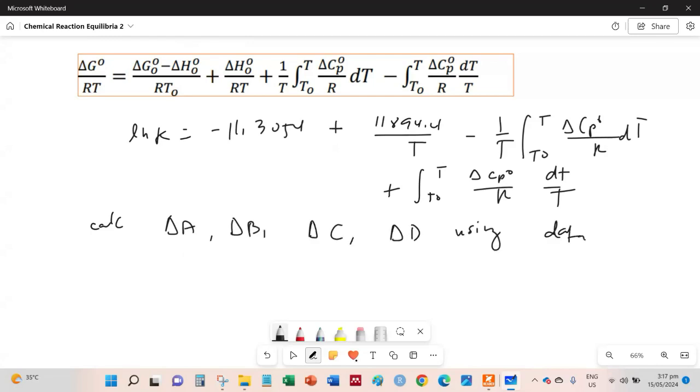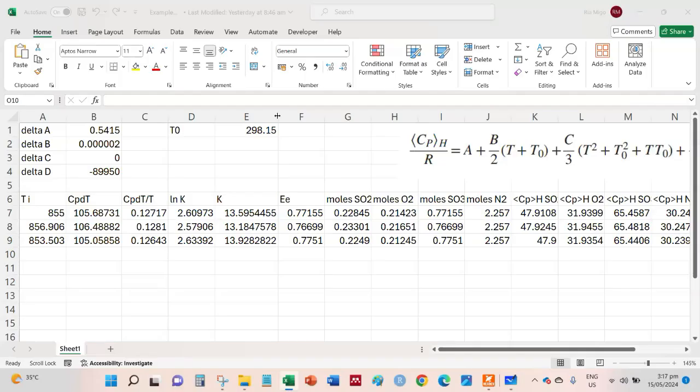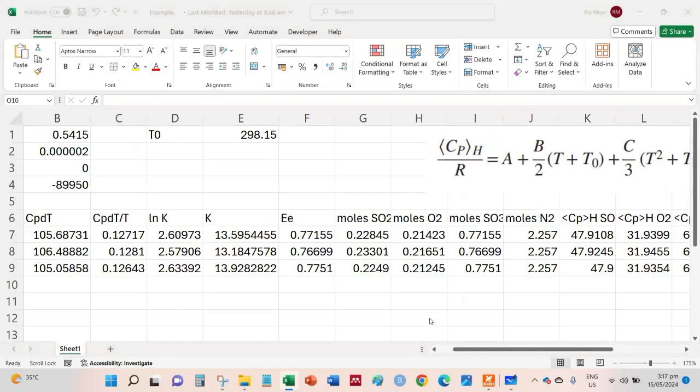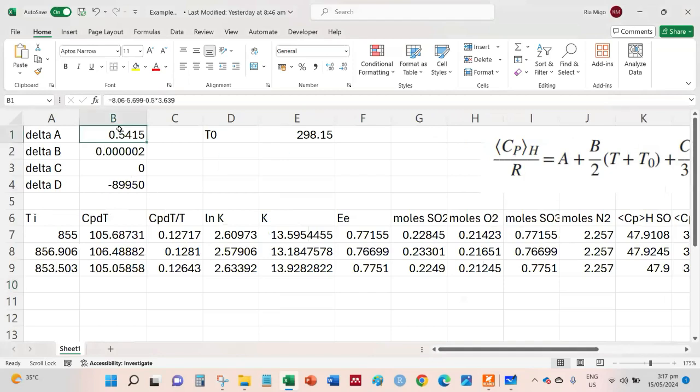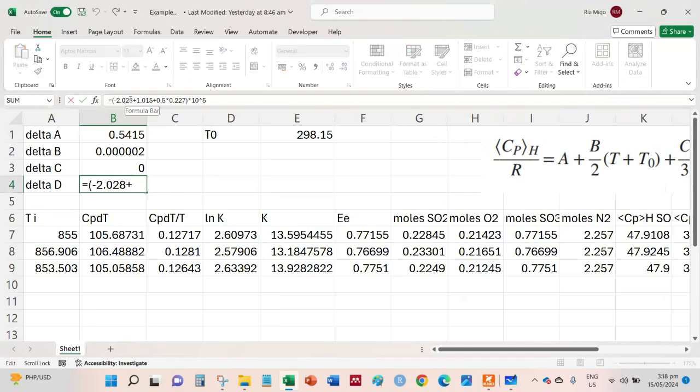Okay. So at this point, the iteration would start. I will shift to Excel. Okay, so I'm now showing Excel. First, I calculated for delta A, delta B, delta C, and delta D, using the CP data from table C.1.